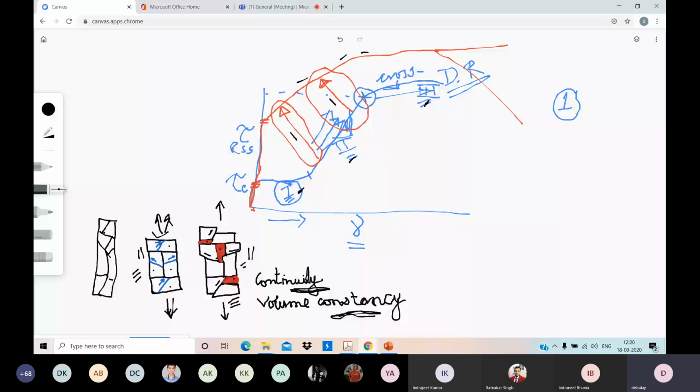So what maintains that continuity? For that, a large number of additional dislocations need to come. So additional dislocations are produced at the boundaries, which prevent this voiding or prevent this overlapping.